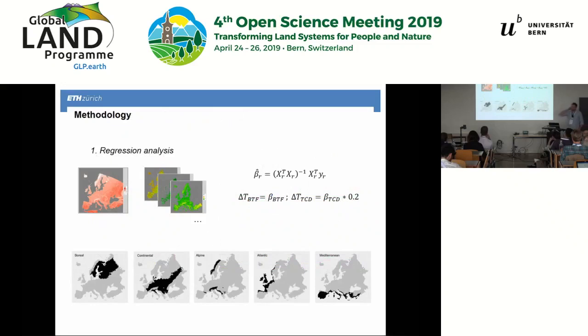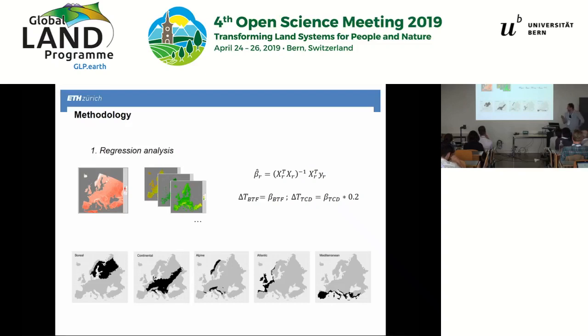The results that I'm going to show here are produced using a multiple linear regression model, and I'm including some confounding factors like elevation and, for example, aspect or slope and other data.